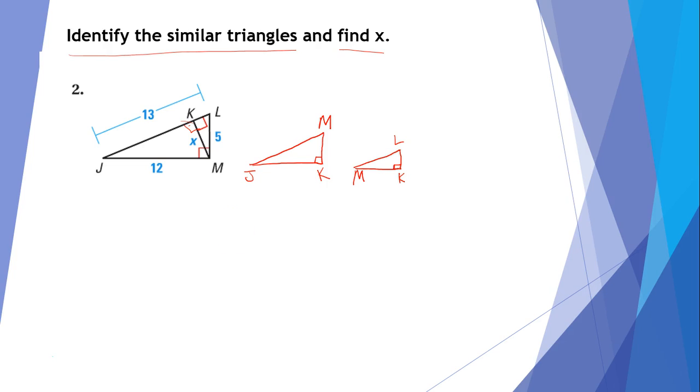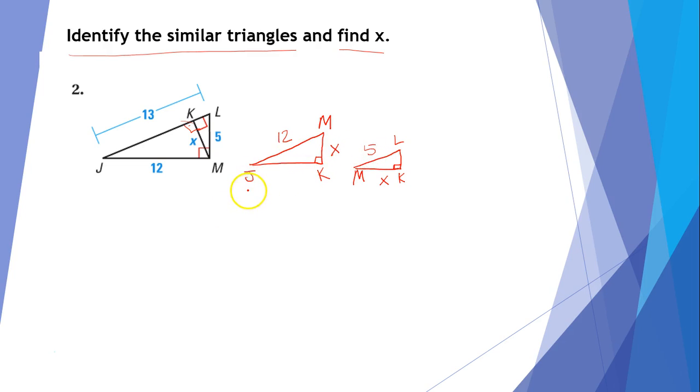And I'm going to go ahead and label my sides of my triangle. So KM is x here and here. This side, JM is 12. And then LM is 5.